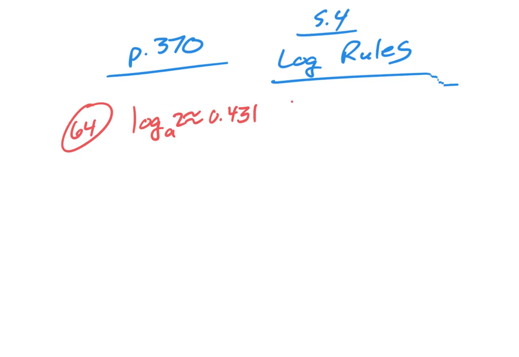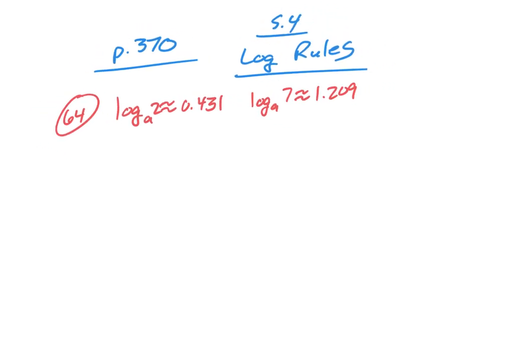Log base A of 7 is about 1.209. And log base A of 11 is 1.490. Okay, so number 64 says log of 14 base A.